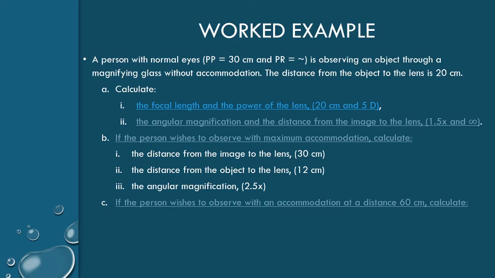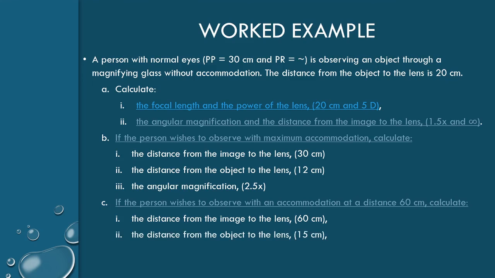If the person wishes to observe with an accommodation at a distance 60 centimeter, calculate I, the distance from the image to the lens, II, the distance from the object to the lens, and III, the angular magnification.